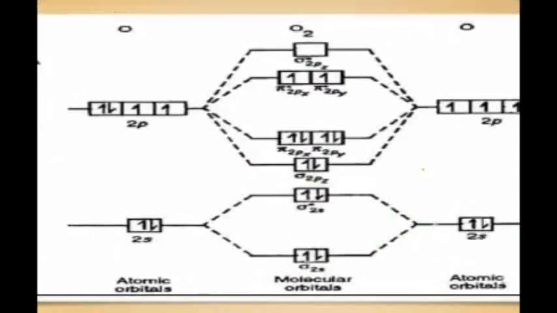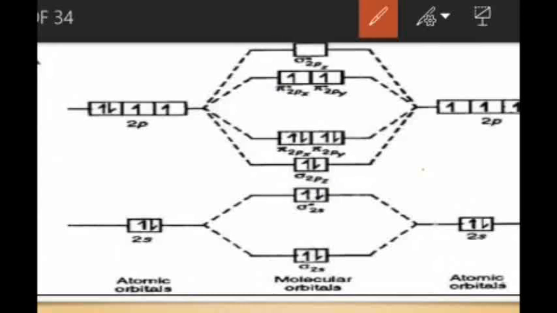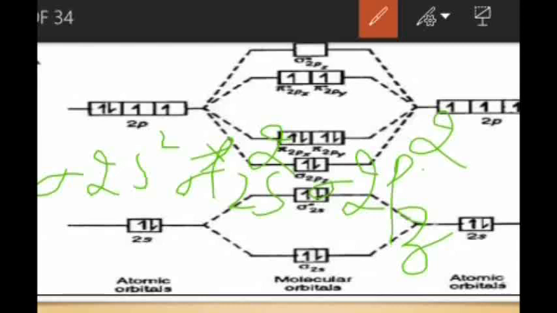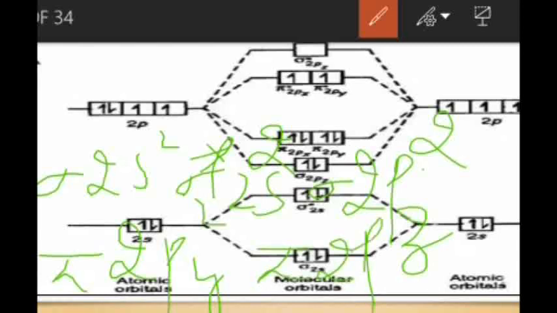Now what is the electronic configuration? The electronic configuration is sigma 2s2, sigma star 2s2, sigma 2pz2, pi 2py2, pi 2px2, pi star 2px1, pi star 2py1.